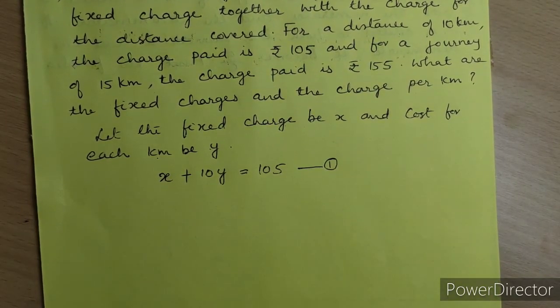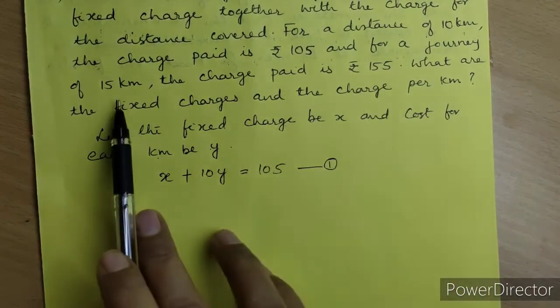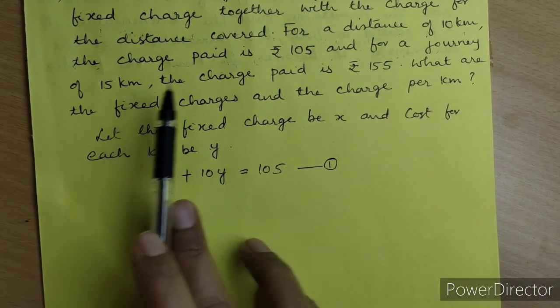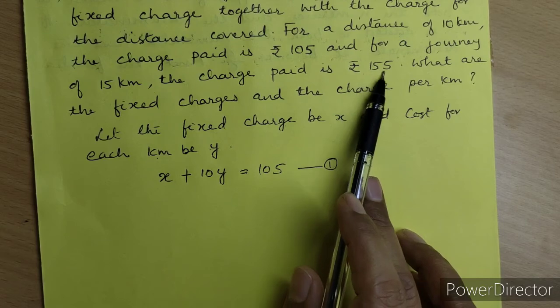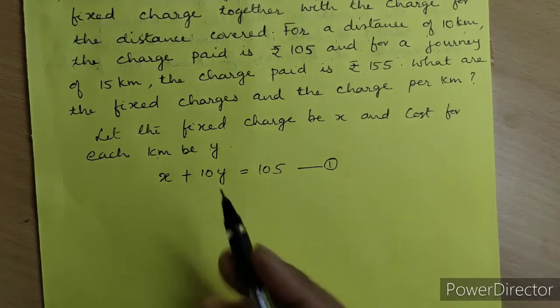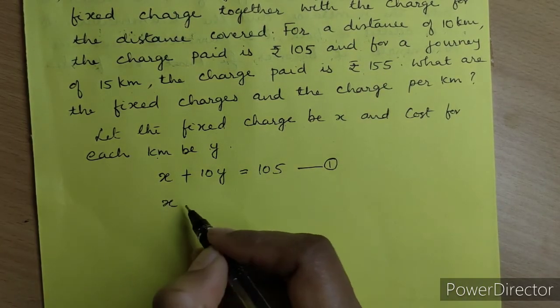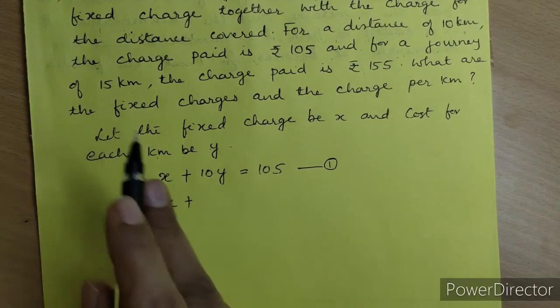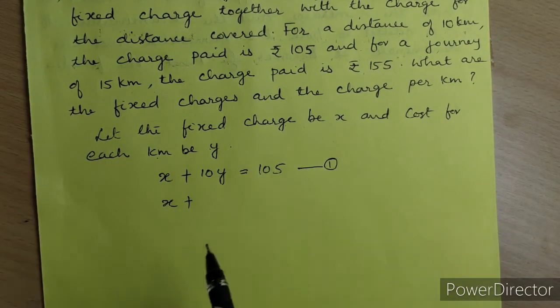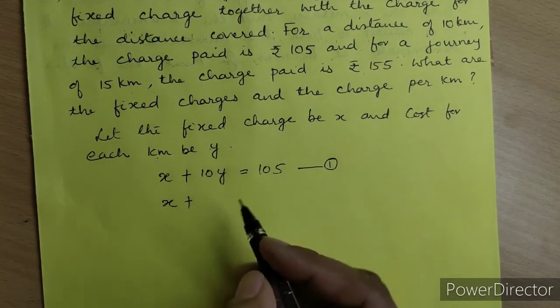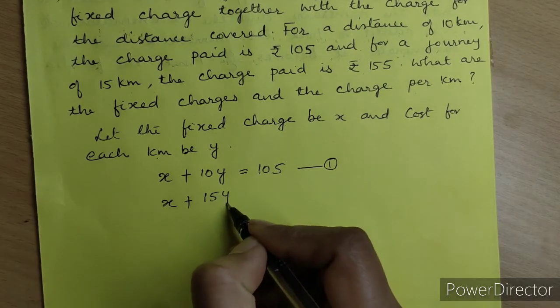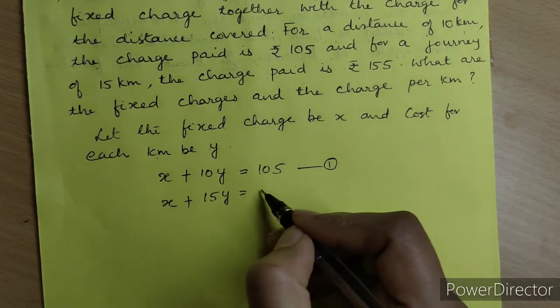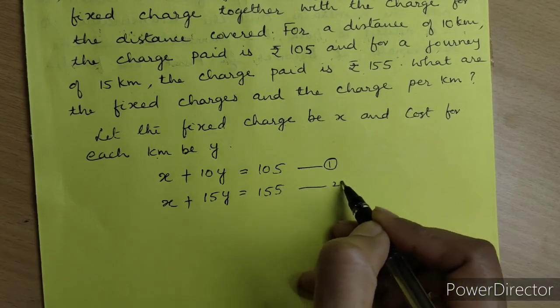Then the second statement: for a journey of 15 kilometers the charge paid is rupees 155. So here also first the fixed charge plus 15 kilometers charge. For 1 kilometer it is y rupees. So 15 kilometers it is 15y equals 155. Second equation.